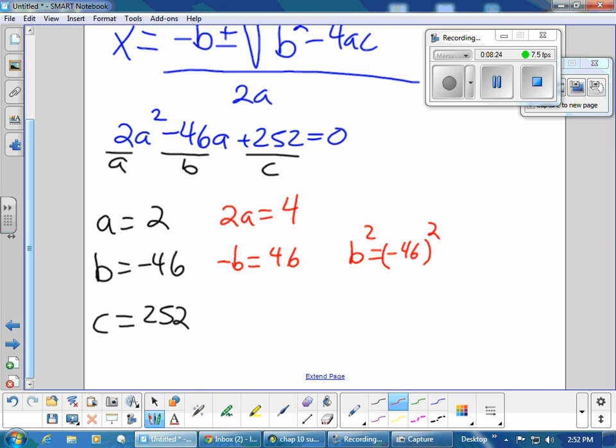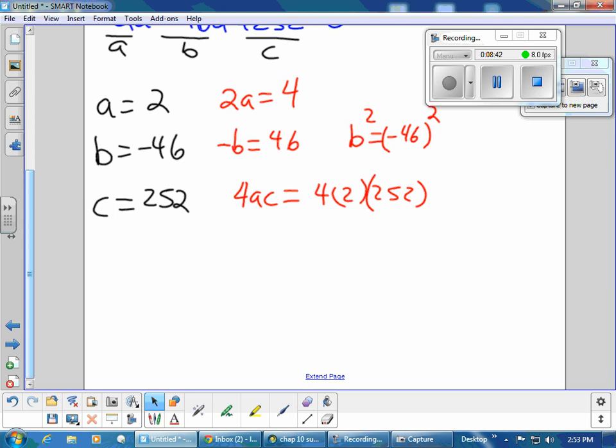And then 4ac is going to be 4 times 2. Pretty big numbers here we're working with.